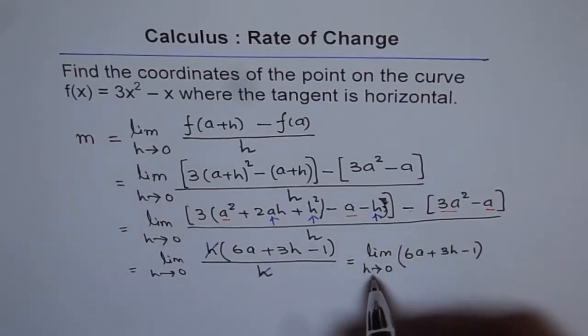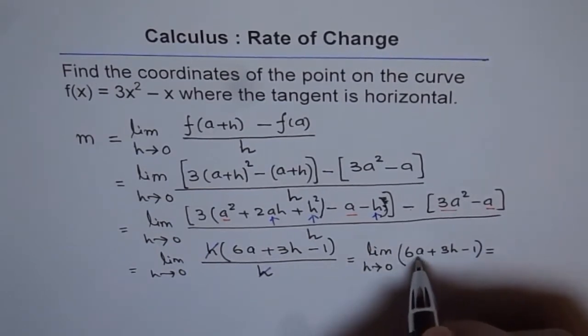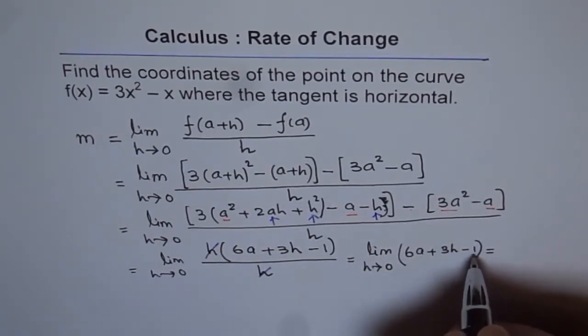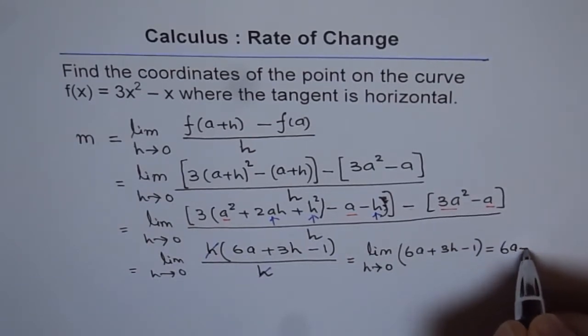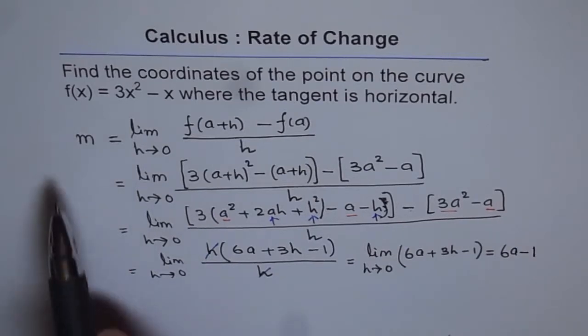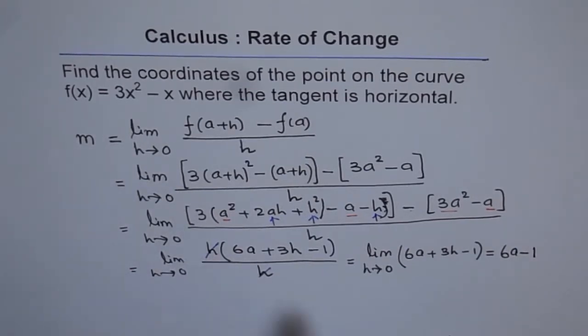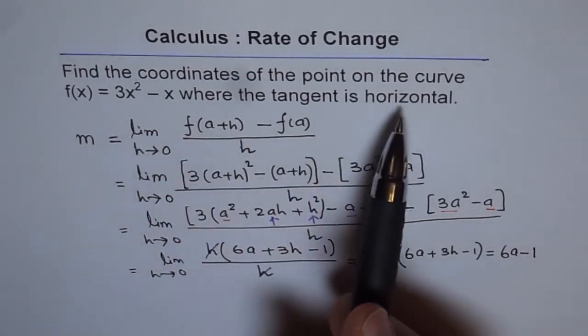Now here, if you put h as 0, what do you get? You get 6a minus 1, correct? So that is the slope on any point of f of x. Do you understand? And the question for us is, where is the tangent line horizontal?